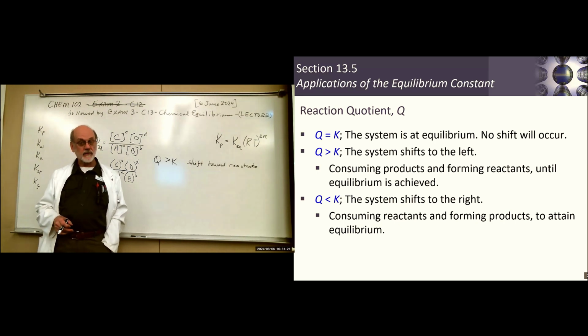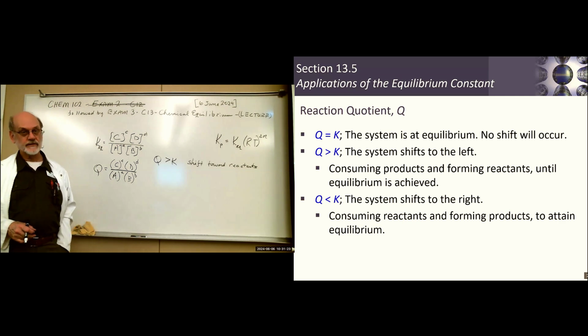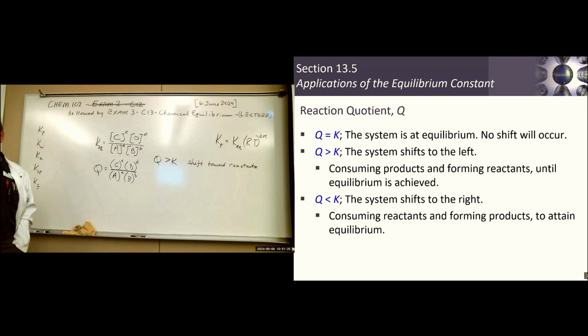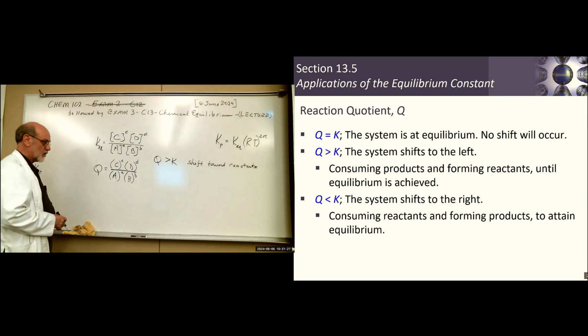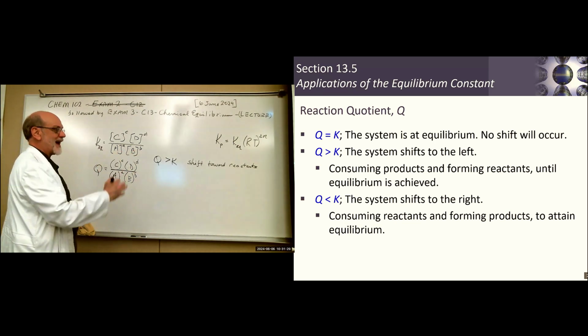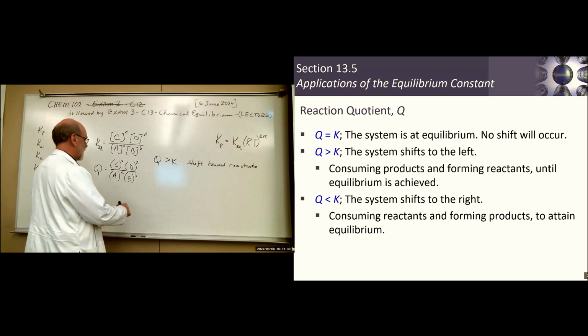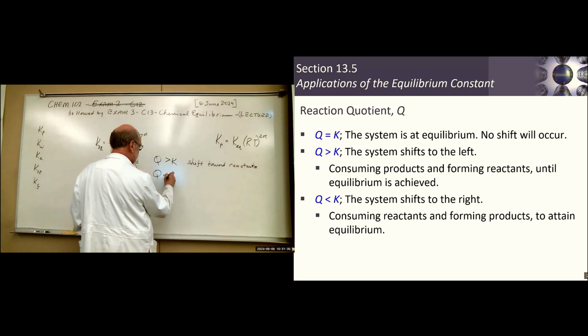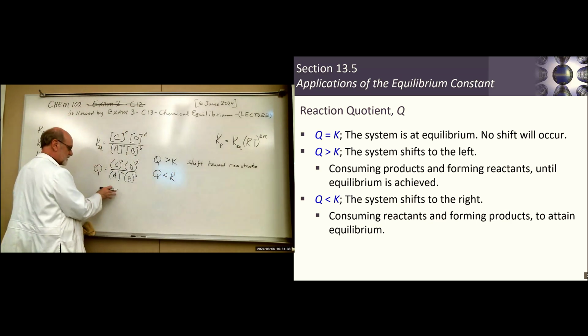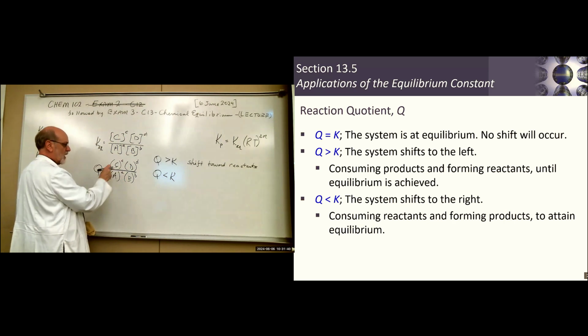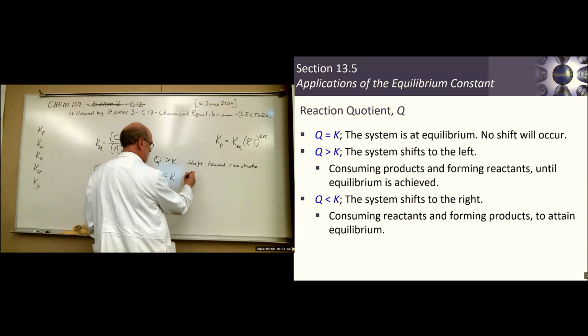So whenever you say left and right, you have to reference a balanced equation. That's why I said toward reactants. That way there's no mistake. Then obviously if Q is less than K, that means this is too big and that's too small, so it's going to shift toward products.